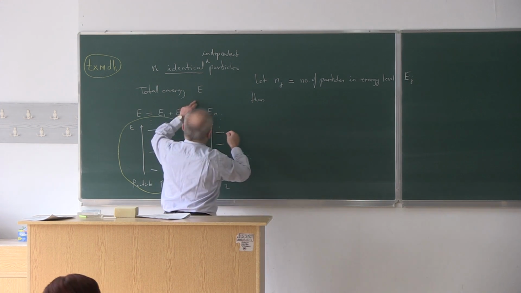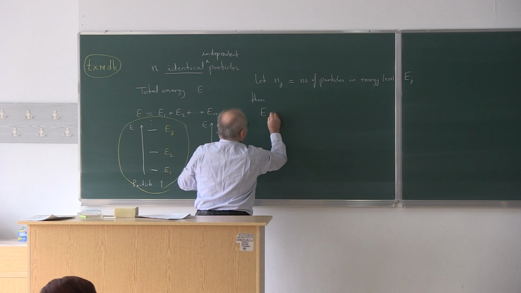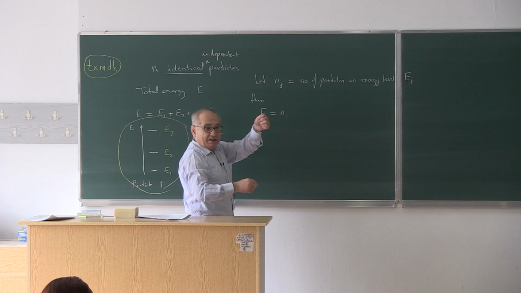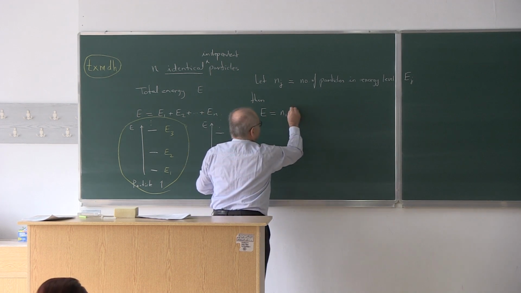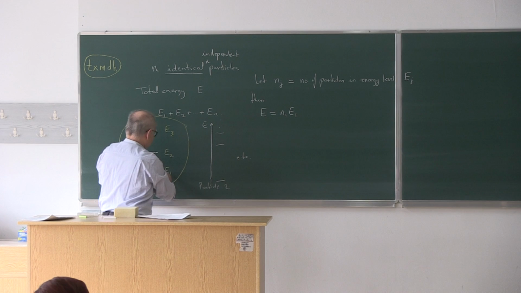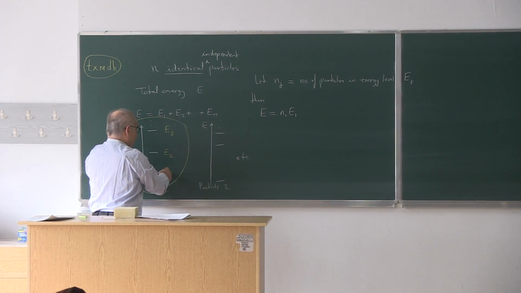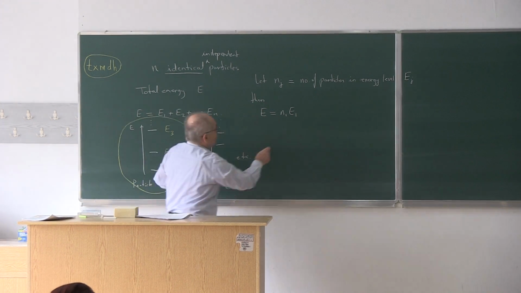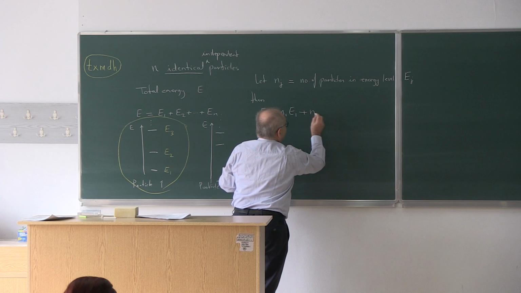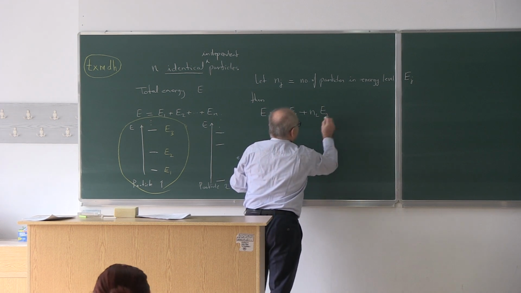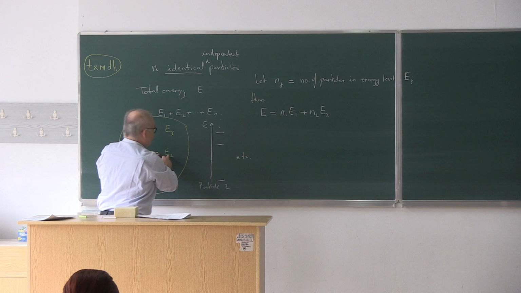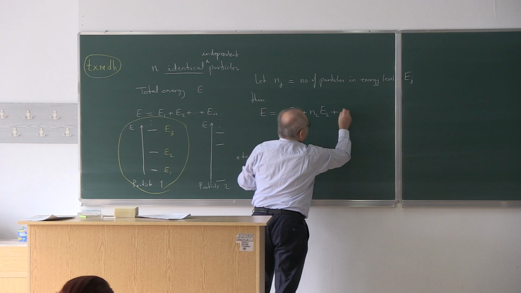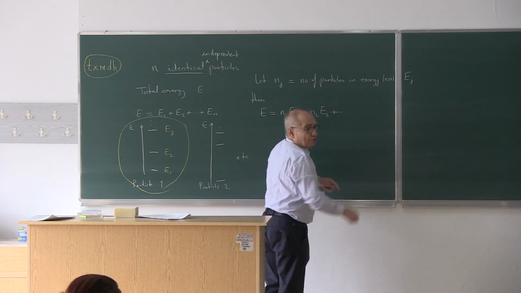Then we can write the total energy in this manner. Number of particles with energy E1 times the value of the energy, this one, plus number of particles with energy E2 times its energy, and this sum continues.